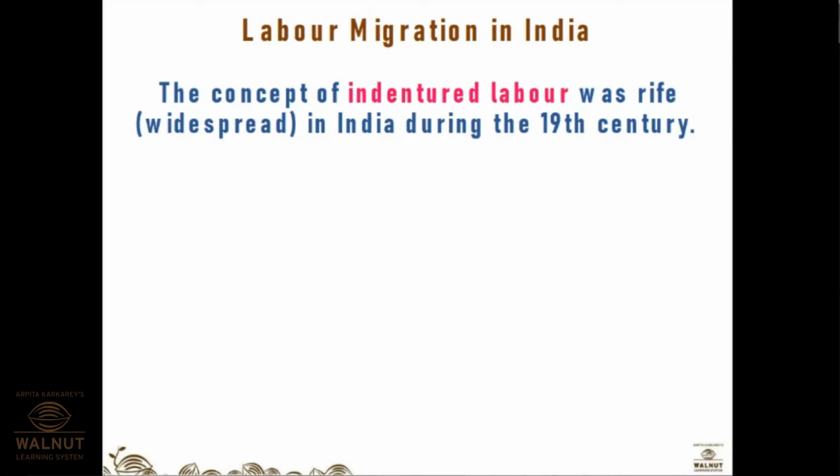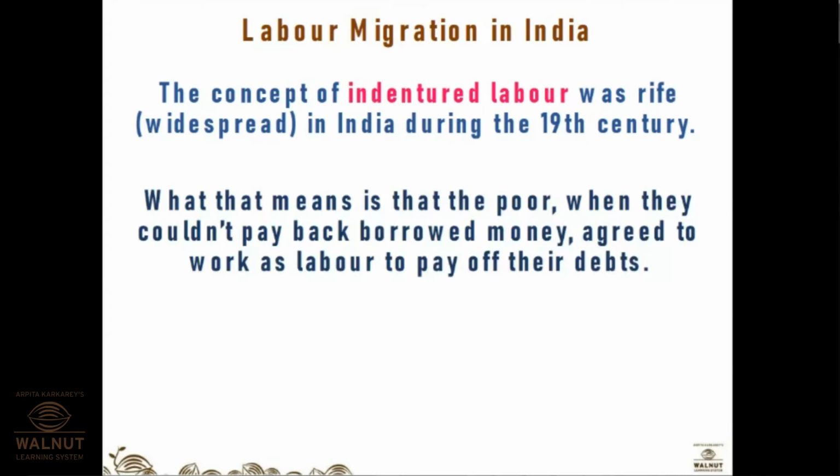So the concept of indentured labor was widespread in India during the 19th century. What that means is that the poor, when they couldn't pay back borrowed money, agreed to work as labor to pay off their debts. As you know, after British rule came to India, they harassed the people.